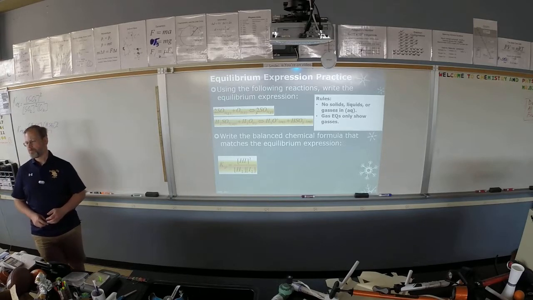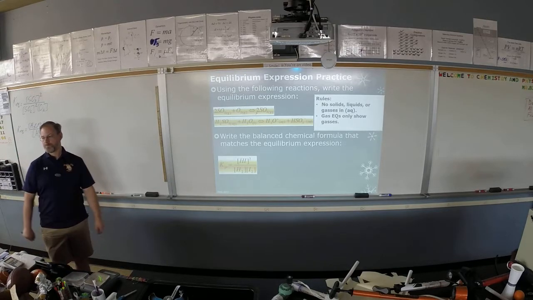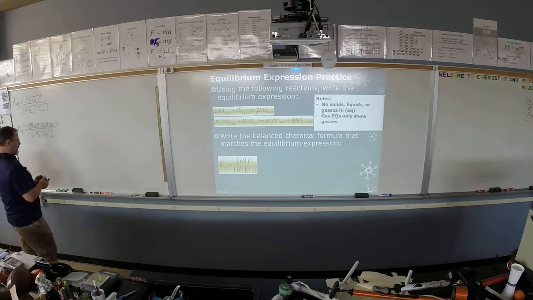But if it gives you one like that in the equilibrium expression, wouldn't you not know if there's something missing? Yes, you would realize that something is definitely missing if it doesn't balance. And that's going to be the case for our third one. This one balances pretty well.